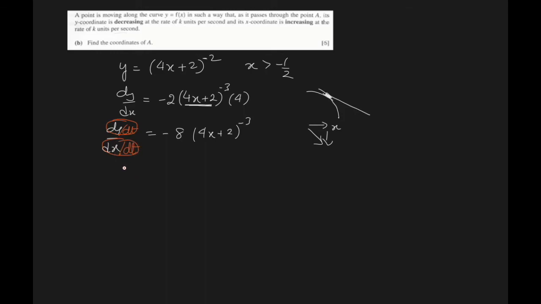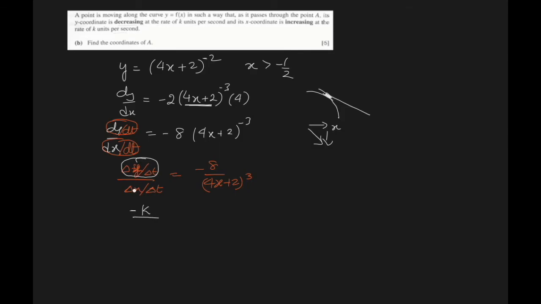Since the change is very small, we can also write delta y over delta t over delta x over delta t, is equal to negative 8 over (4x plus 2) cubed. Alright, now they have said that this small change in y is negative k, decreasing at k units per second. That means this one is negative k.